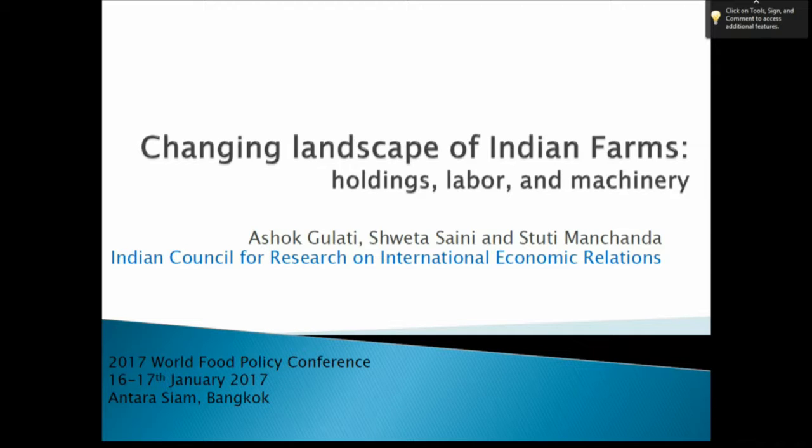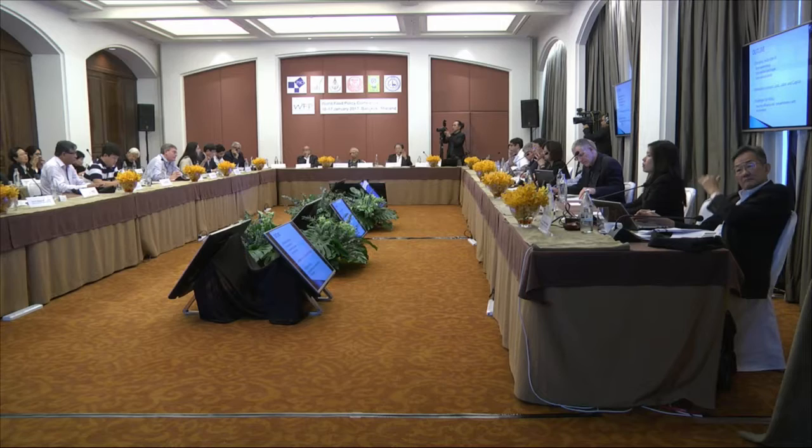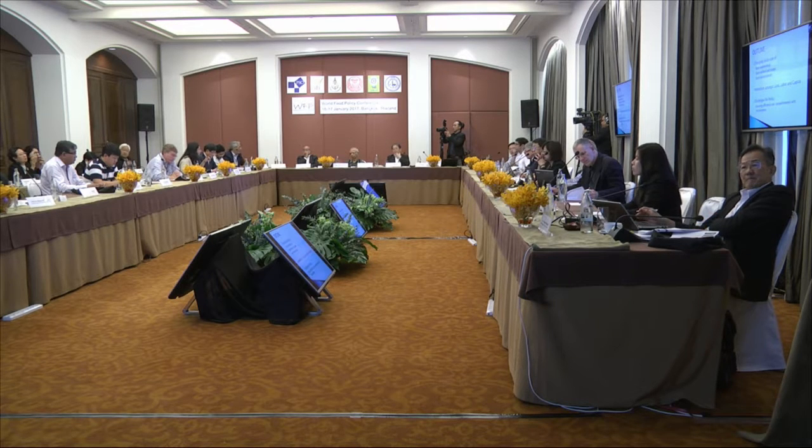Third, I'd look at the level of mechanization on Indian farms at the moment. We'll look at synergizing and interaction between these three variables, and I'll end the presentation by highlighting some challenges that the Indian farms face today and some of the solutions that are in the pipeline already and which we wish to propose. So to begin with, very clearly, and that's well established, our average landholding size has been falling.